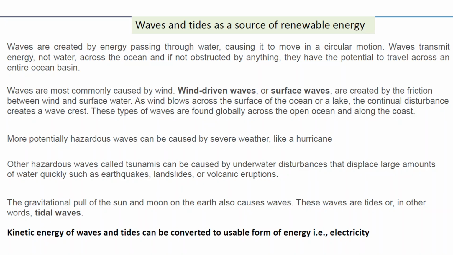Coming on to waves and tides as a source of renewable energy. As we know, waves are basically created by energy passing through water. Waves are present in the oceans. We can see the coming of water to the shore and going back; those are basically tides, while waves are available in the sea and oceans.